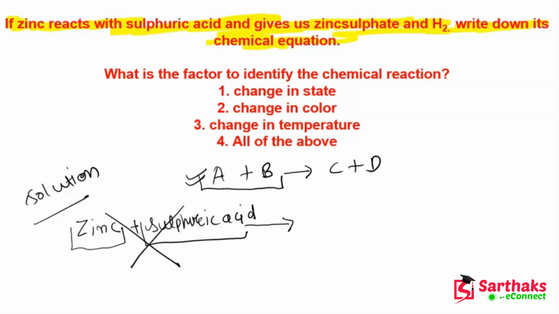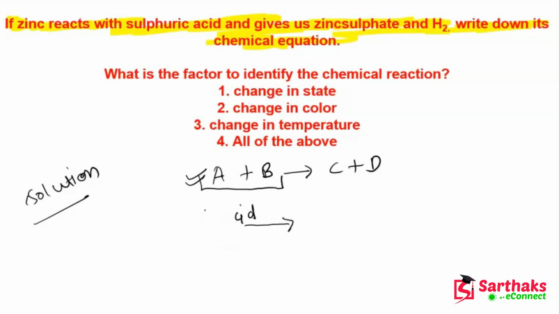What did I have to write? Let me erase it first and then show what I should write here. Basically I have to write Zn, which is the formula of zinc, and also plus H2SO4, which is the formula of sulfuric acid.